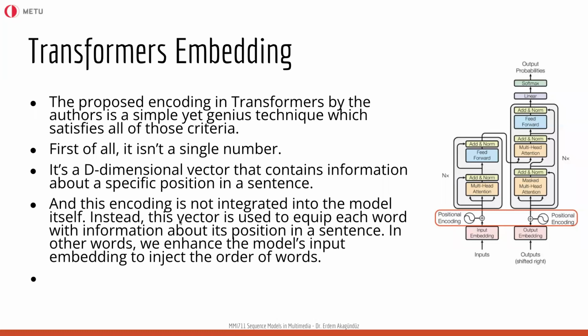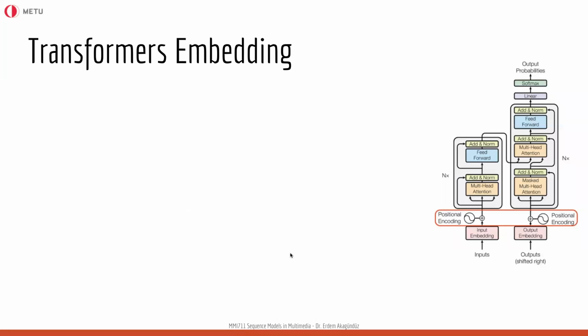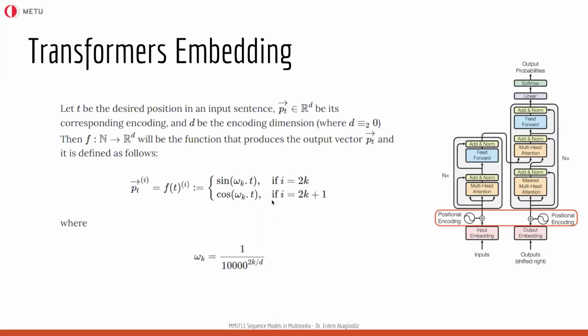This vector is used to equip each word with information about its position in a sentence. In other words, we enhance the model's input embedding to inject the order of words. How? What we do is we add sine and cosine weights to it. So that's the formula. For each position, let t be the desired position. How do we calculate this?